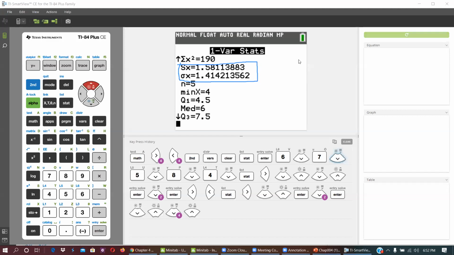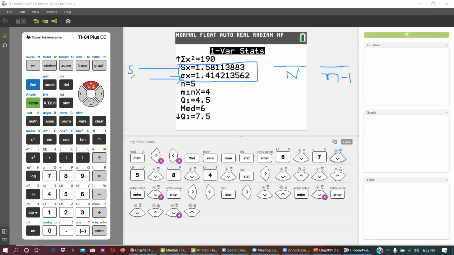You remember two formulas. For population, the denominator is capital N. For sample, denominator is n minus 1. So basically this is population standard deviation and this is sample.